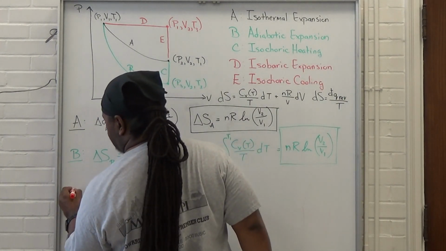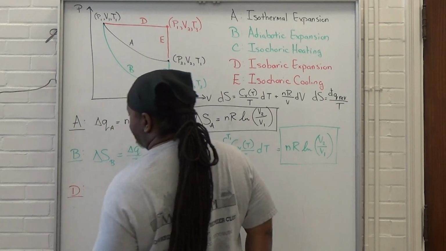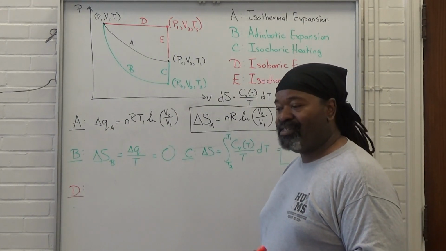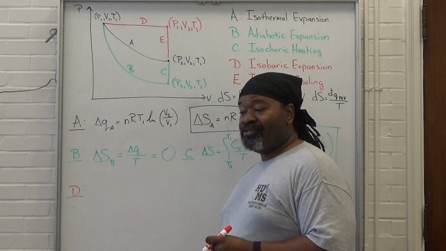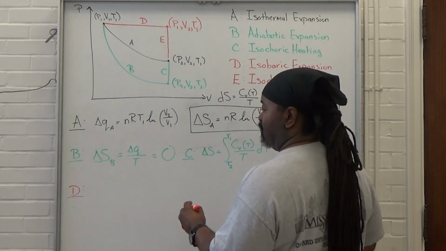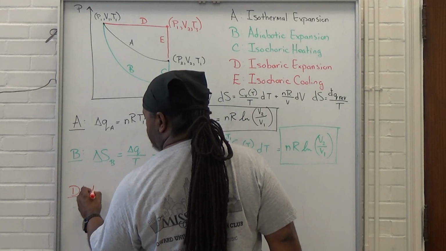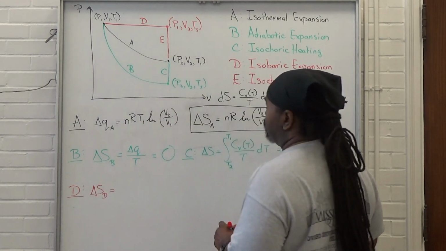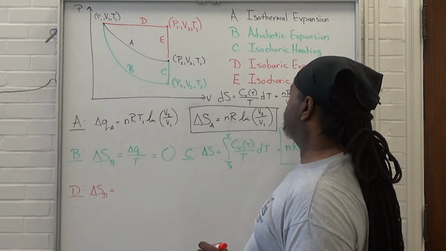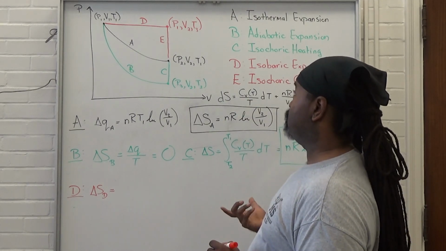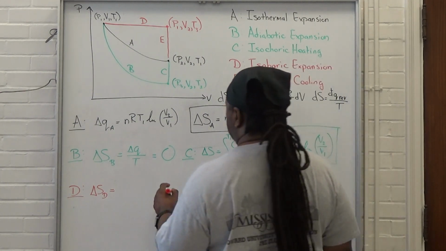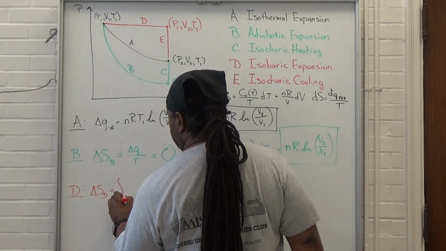These are a little less forgiving than the green and black paths, but it's okay. In this case, what we want is delta S for path D. We're going to need to integrate this, and since the temperature and volume both change in this isobaric expansion, we can go ahead and write that out.